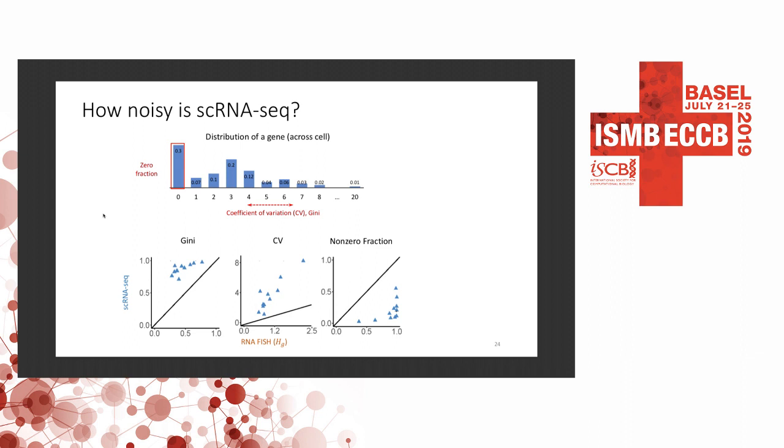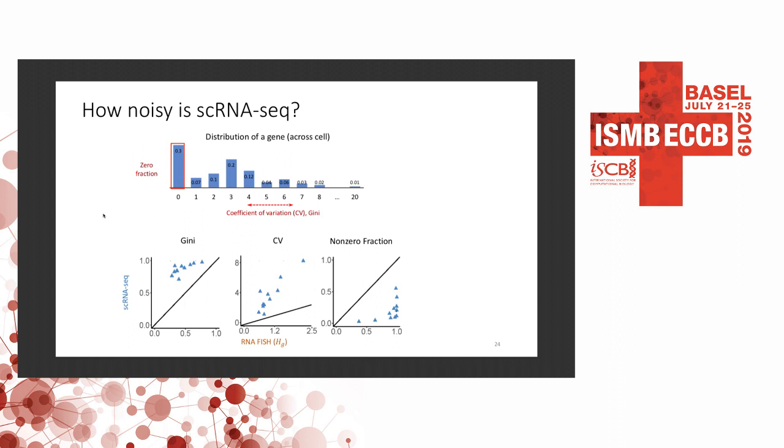First, I look at the variations across the cells between the two data sets. For one gene, I look at the variation of its gene expression, and here there are two measurements I use. One is CV, which you're probably familiar with. CV is the standard deviation divided by the mean. The Gini coefficient is another measure of inequality of the population.